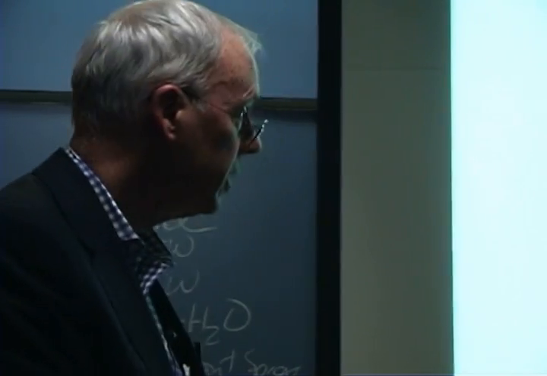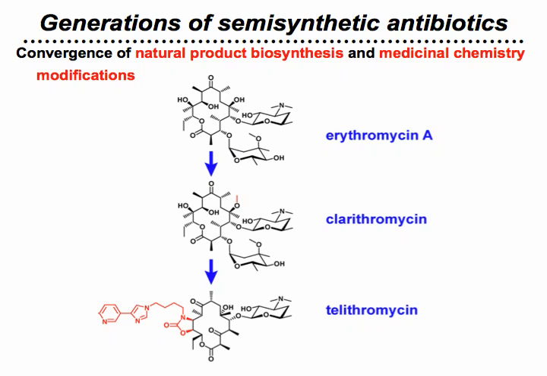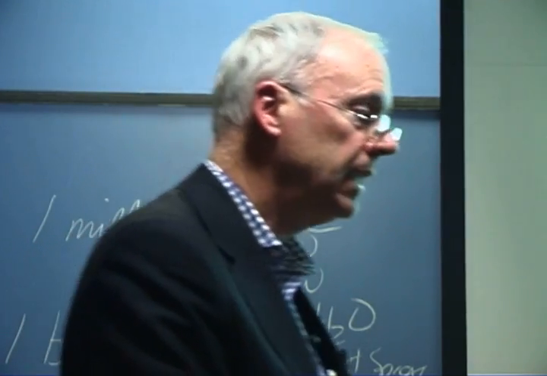And then a third generation involved a more substantial change in the periphery of clarithromycin and erythromycin, putting in this heterocycle, this sort of classic medicinal chemistry piece, until telithromycin, trade name Ketek, got approved 4 years ago. So we're on our third generation, and now significant resistance is coming to it.